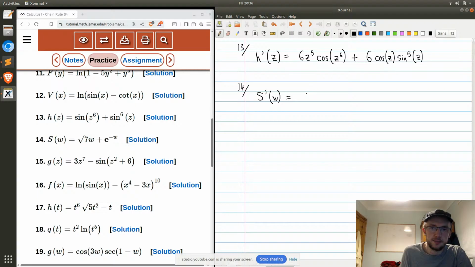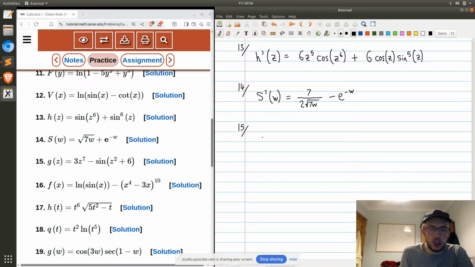Isn't that right? So I think that will be like this. I think that's right. And then here, e to the negative w, well, that would just be negative e to the negative w. No?